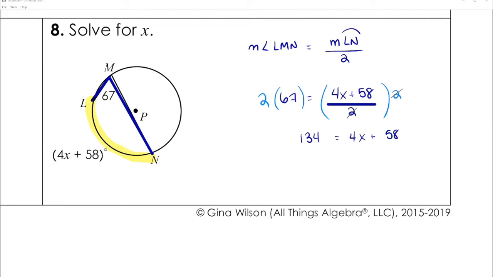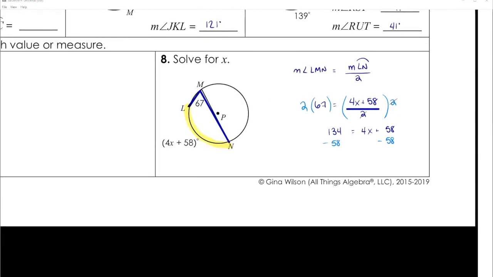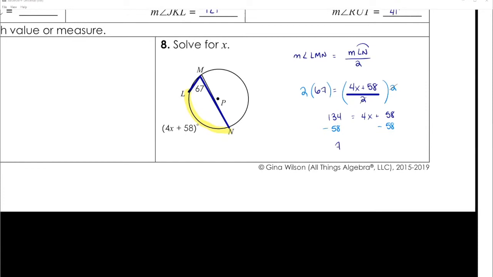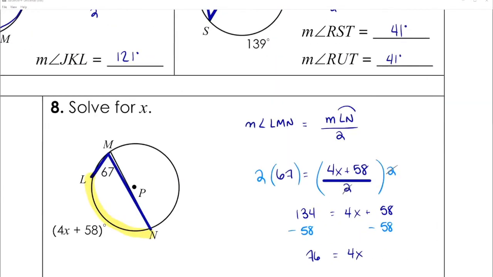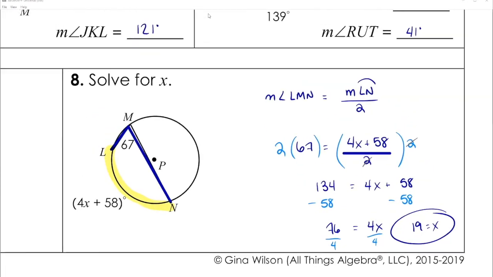Subtract 58 from both sides. 134 minus 58 is 76. And then again, we're trying to isolate that variable, so we're going to divide both sides by 4. So x equals 19. Again, we kind of took some extra steps at the beginning. Some of us may like it, some of us may not. But if it helps us get organized, I'm all for it.